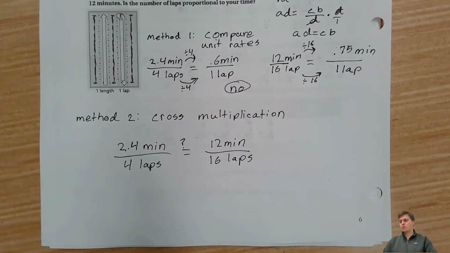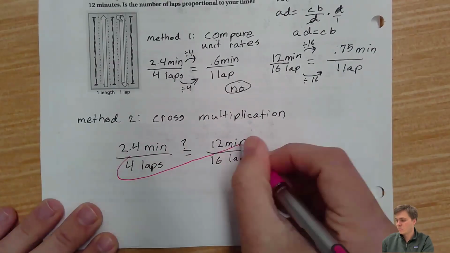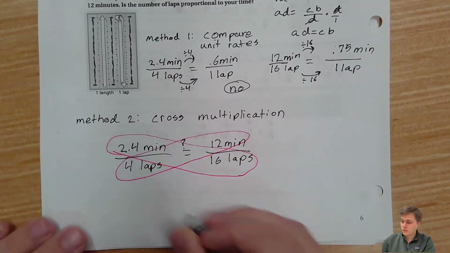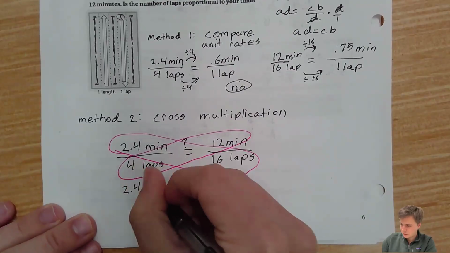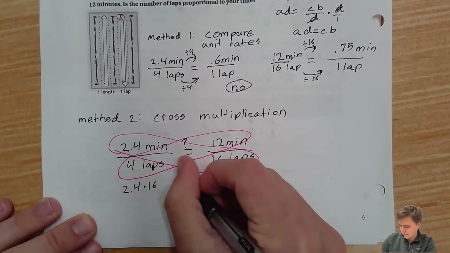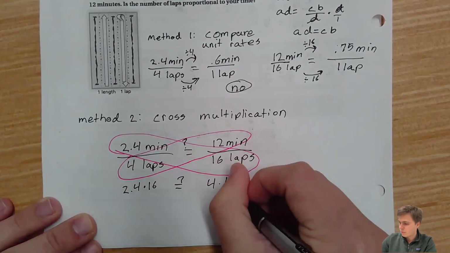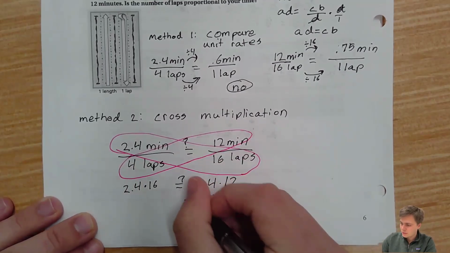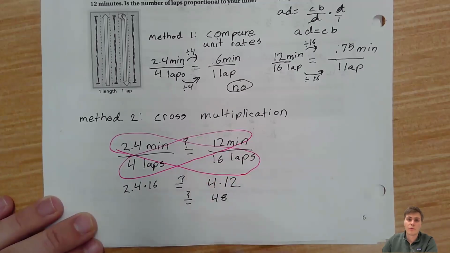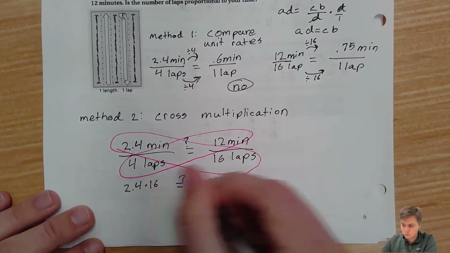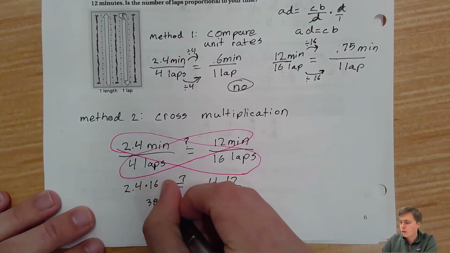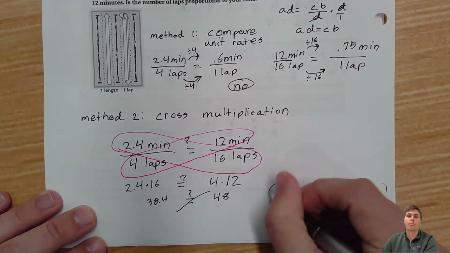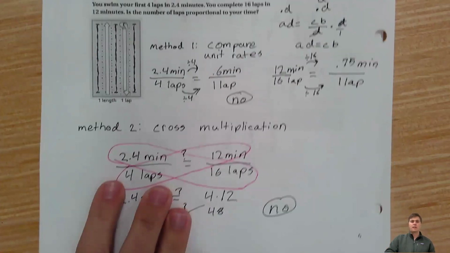So let's cross multiply here. Does 2.4 times 16 equal 4 times 12? Well, 4 times 12 we know is 48. Does this equal 2.4 times 16? Well, that comes out to 38.4. So no, these are not equal. So no, we do not have a proportion. Both of these ways get us to the same thing.